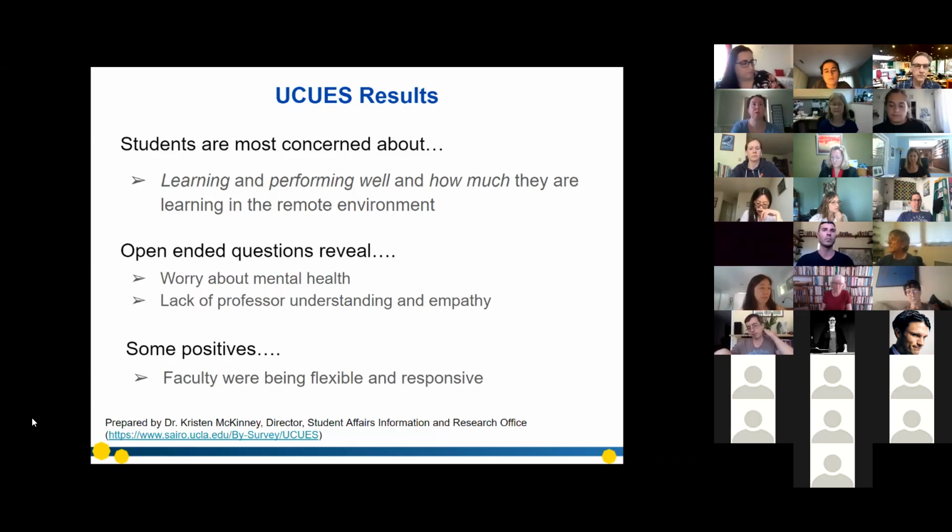So maybe there's some disconnect there, where either a faculty member might not be aware of certain situations, or it's just not coming across, right? So how do we convey that? But some students did also mention and really were grateful when faculty said they were flexible. So when they were aware that faculty were flexible.